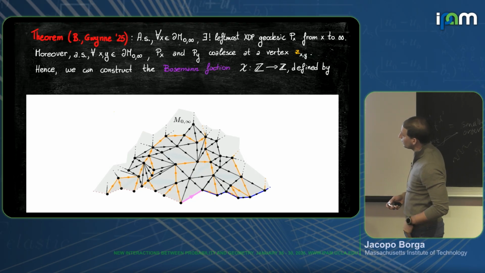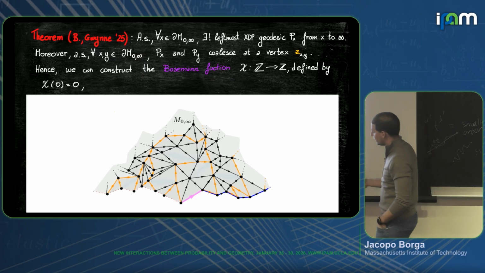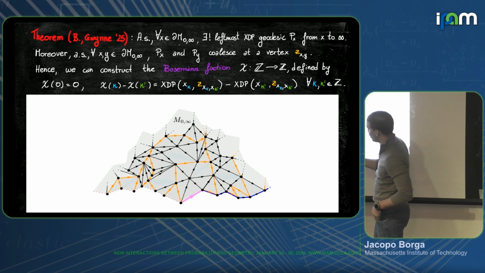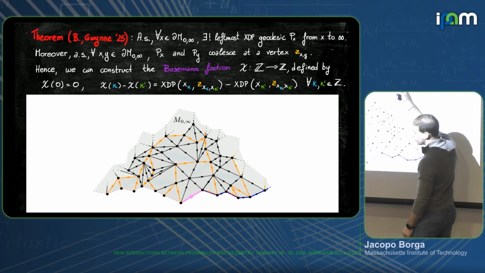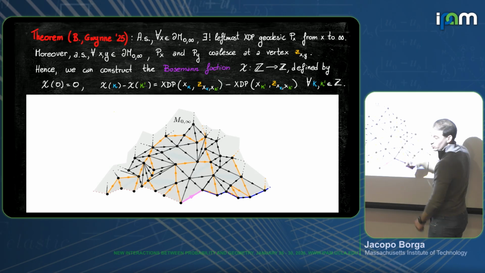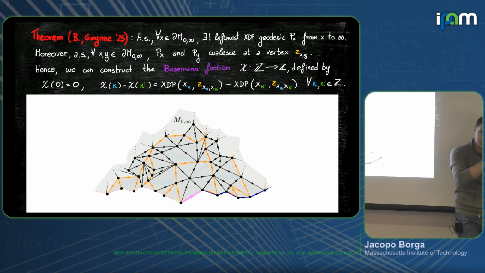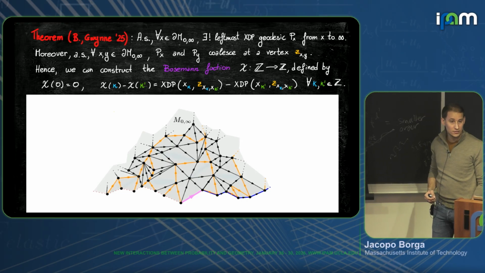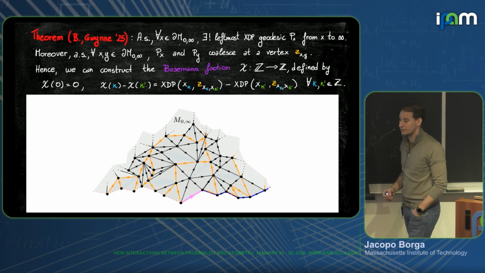This property allows you to define the Boltzmann function in the following way. We declare that it is 0 at 0, and the difference between 2 points is exactly the length of the path up to the coalescing point minus the length of the other path up to the coalescing point. This is how the Boltzmann function is defined.